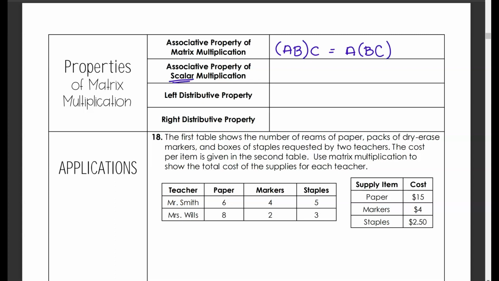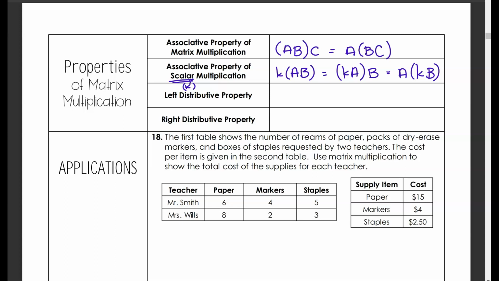Scalar just means a numerical value, so we usually call that K. In this case, we can have a scalar K times the matrix AB. And this would be the same thing as taking the scalar K times the matrix A and then multiplying matrix B. Similarly, I could take the scalar with B first and then multiply A. All of these are true and they hold.